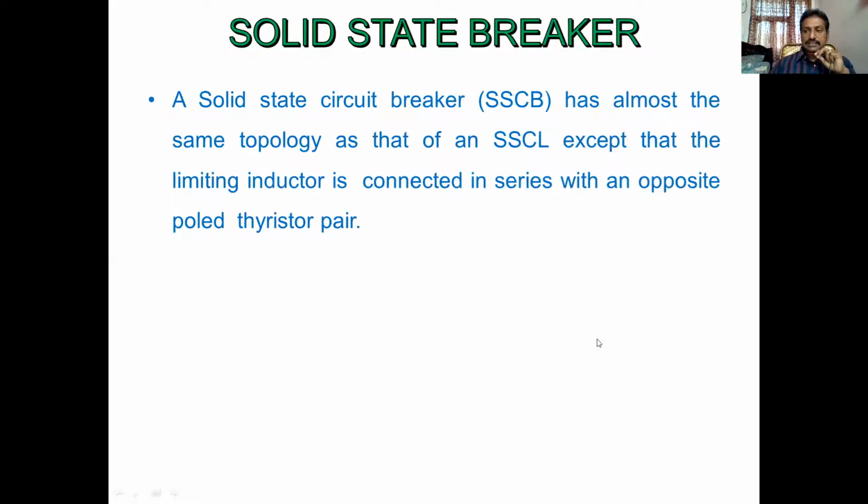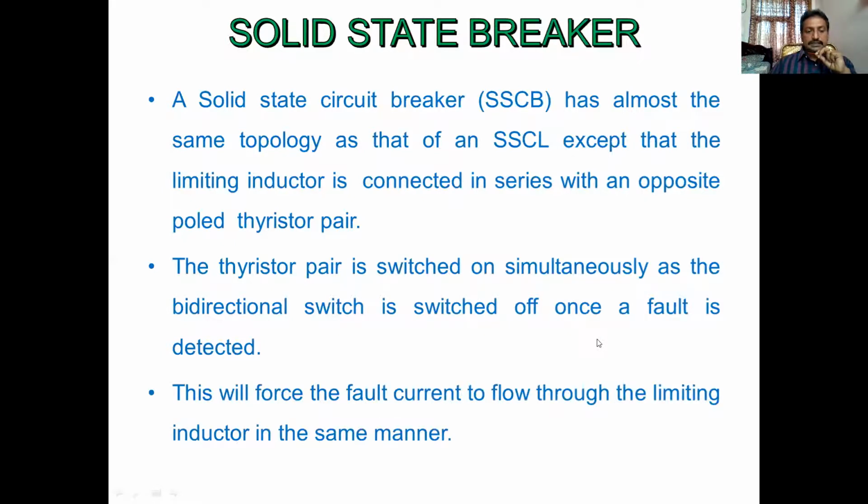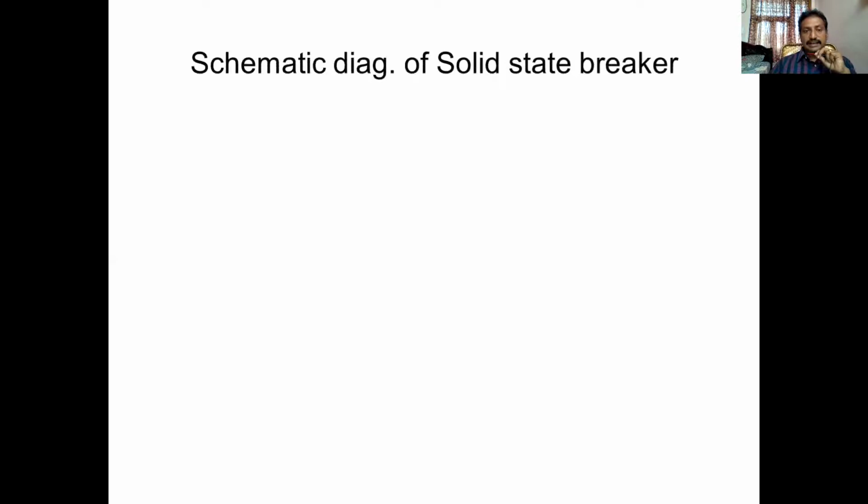Please remember the configuration of the solid state breaker is exactly similar to the SSCL, with a small variation: the limiting inductor is connected in series with the opposite pole thyristor pair. Again, the thyristor pair is switched on simultaneously as a bidirectional switch, and it is switched off once a fault is detected. This will force the fault current to flow through the limiting inductor in the same manner.